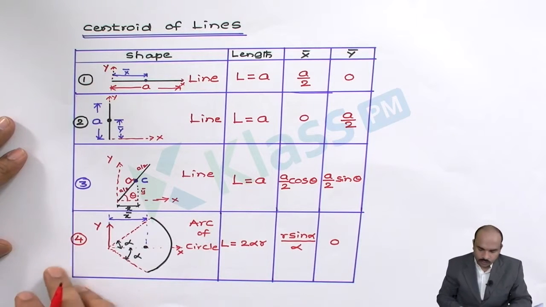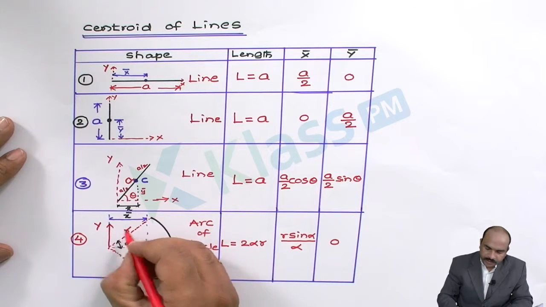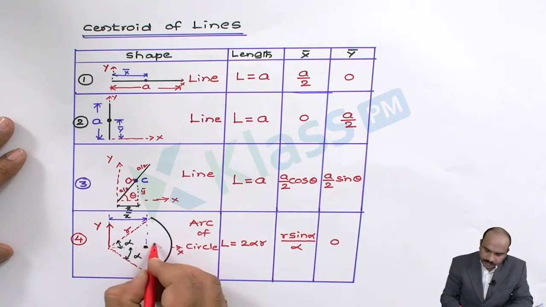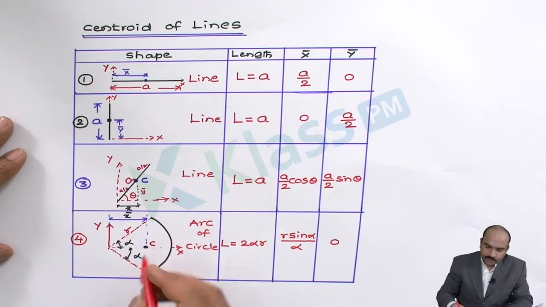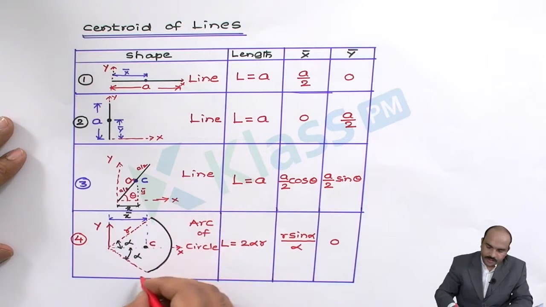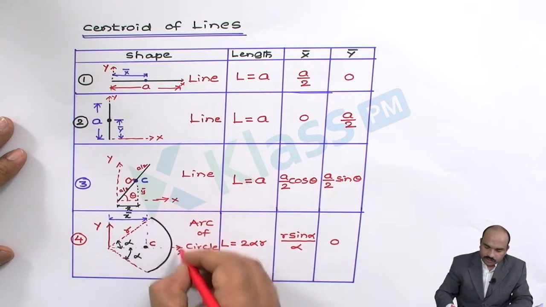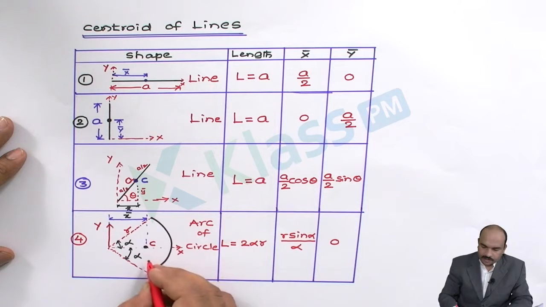Now let us see the fourth one, the arc of a circle. Let the radius be r, C the center, and this angle is alpha and this is also alpha. The line shown with a black color indicates the arc of the circle.